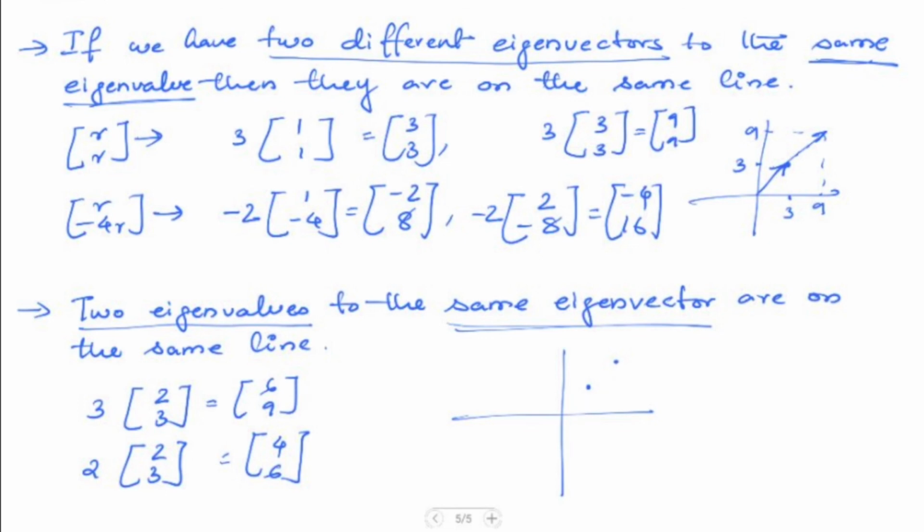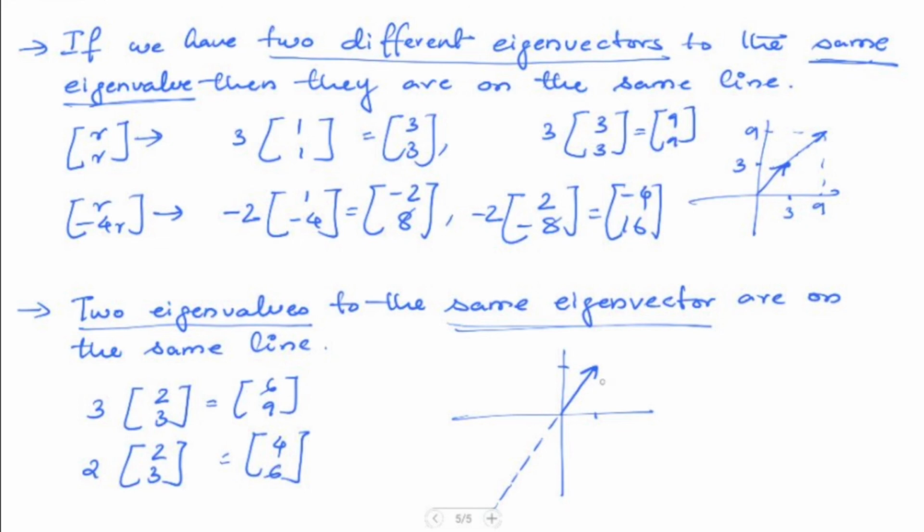You can say here, if I draw it a little bit neatly, so let's say you have the vector 2, 3, which is around here. So this is your vector, and this would be the line of the vector.